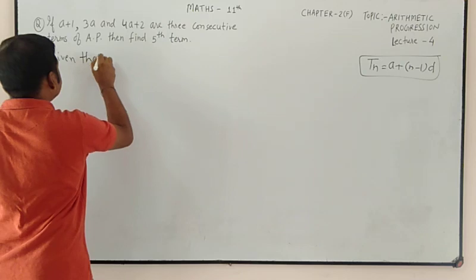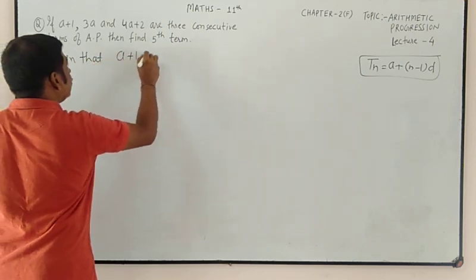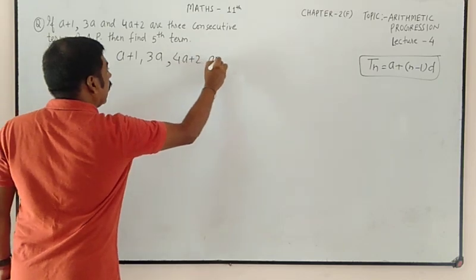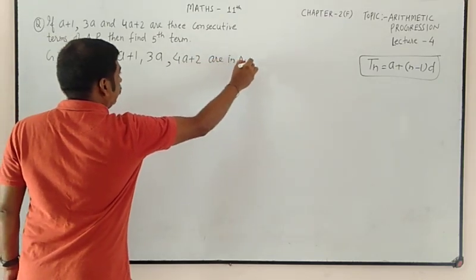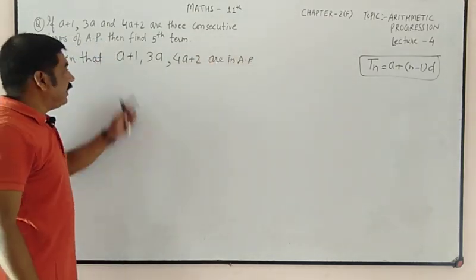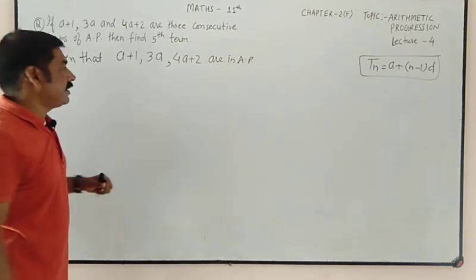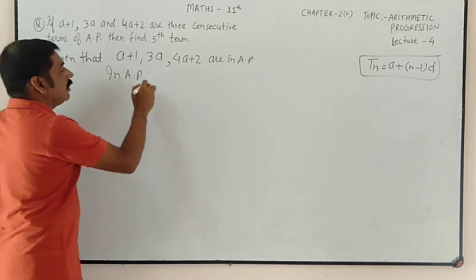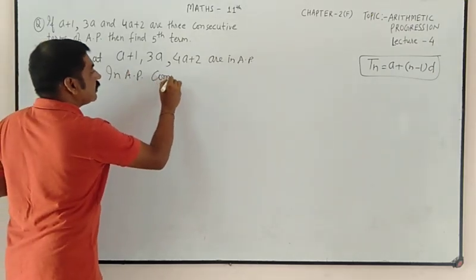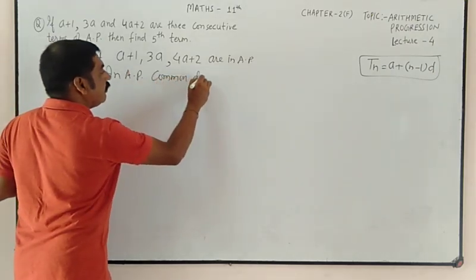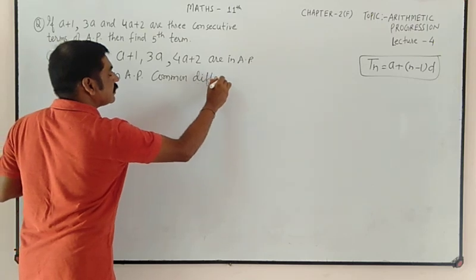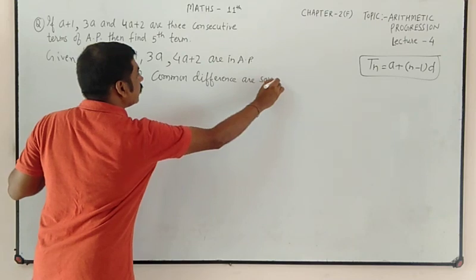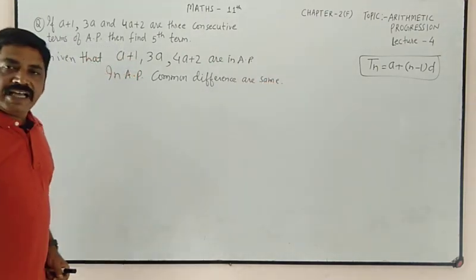So what we have given? Given that a plus 1, 3a, 4a plus 2 are in AP. We have given, and they are consecutive terms. So in AP common difference are same.